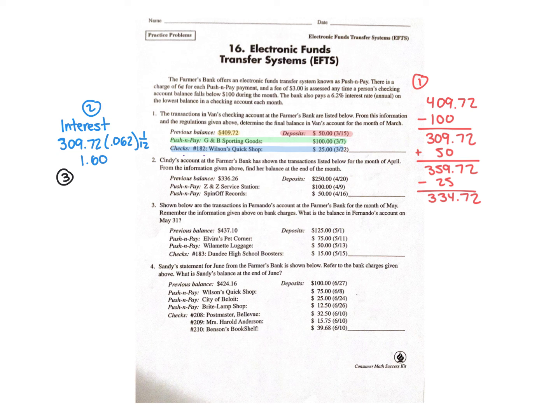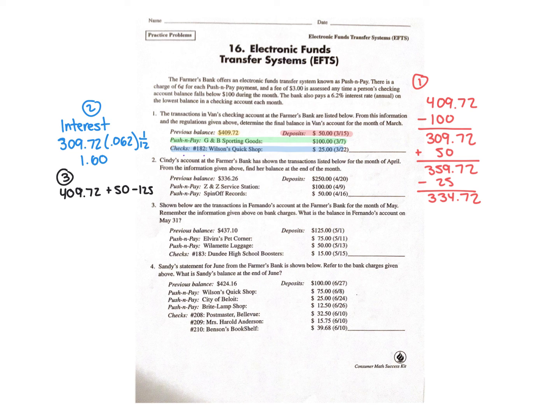Remember, we are taking their starting balance, we are going to add in any deposits that they made, and we can subtract all the payments that they made. So they paid $125 total.